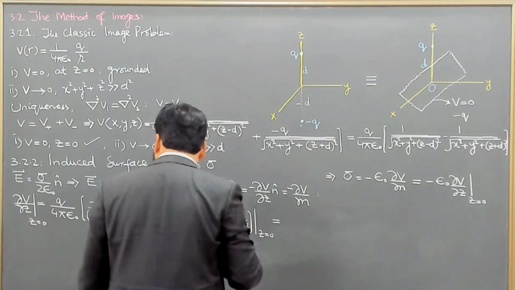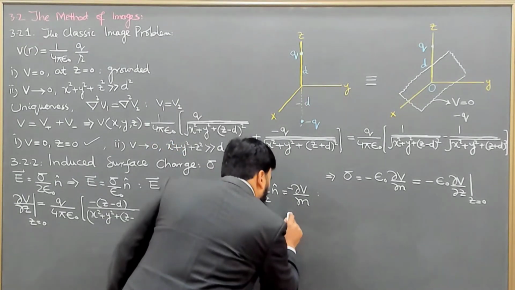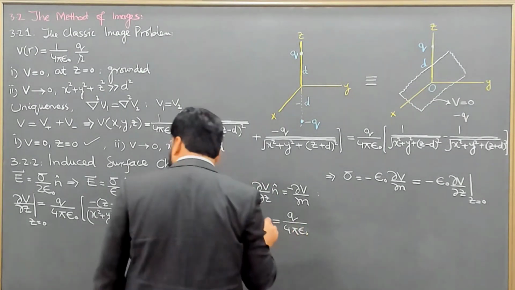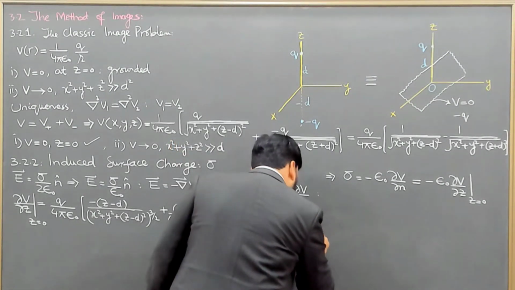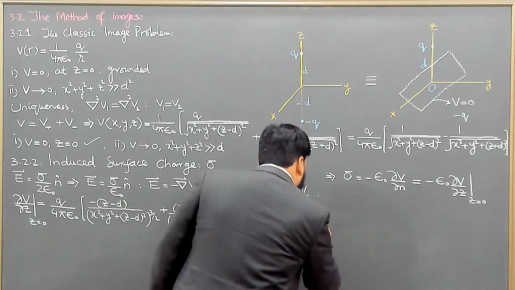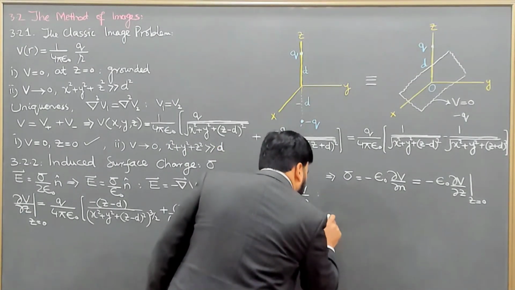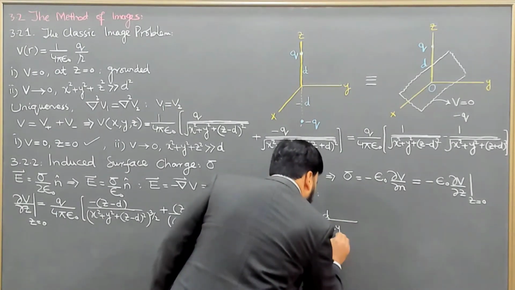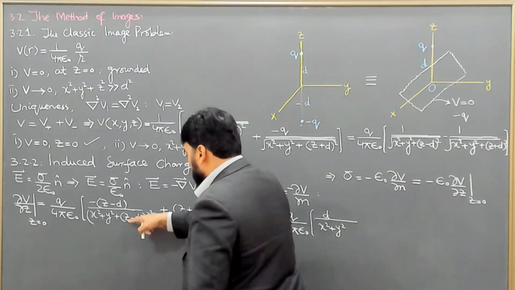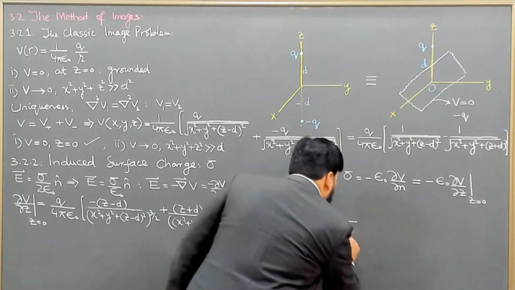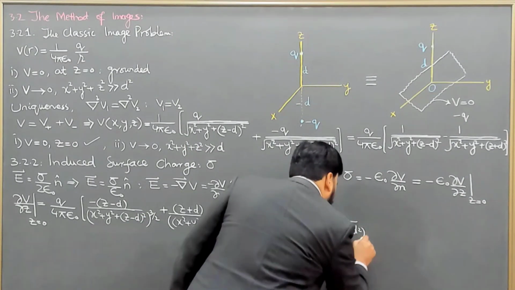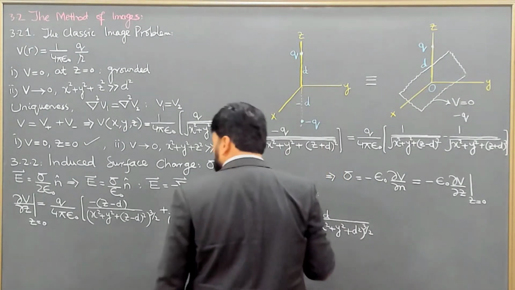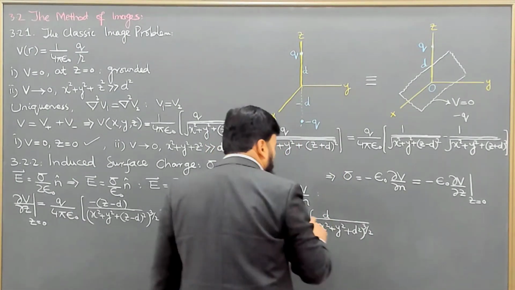So this comes out to be q over 4 pi epsilon naught, and this will be, z is 0 and minus becomes plus, and d divided by x square plus y square, and when z is equal to 0, minus d whole square is d square, and power 3 over 2, and the minus has already become plus here.